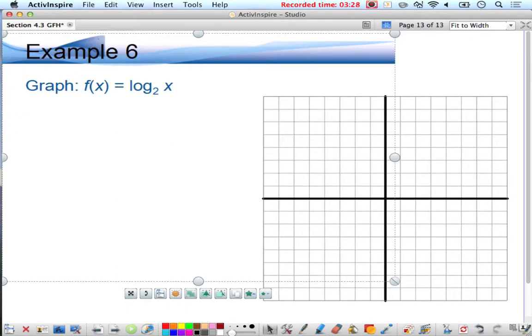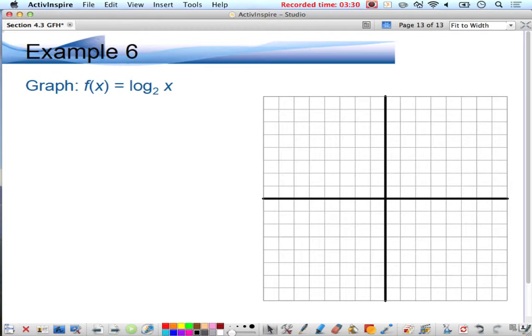Because logarithms are so much more difficult to graph than exponentials, let's get some notes on how to do that. First off, find the inverse. And the good thing is, you don't even have to really work it out.